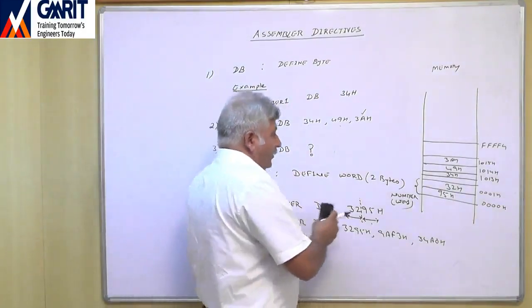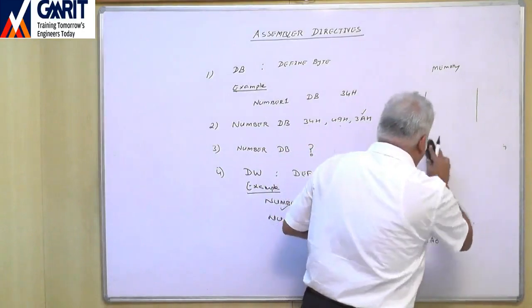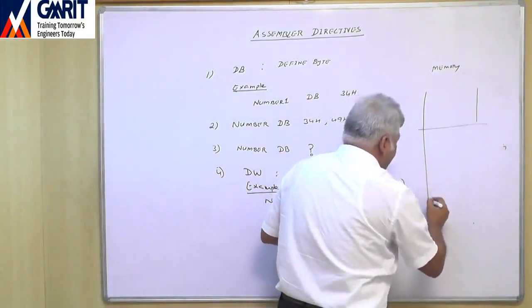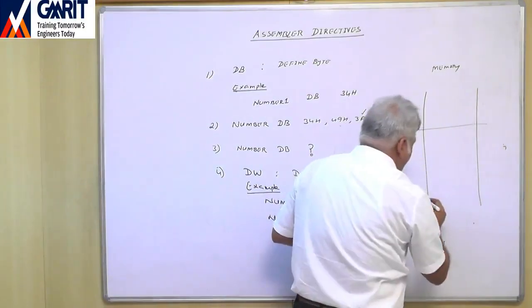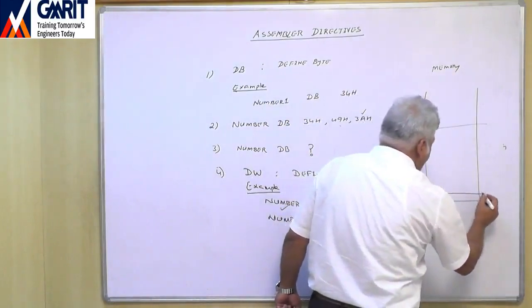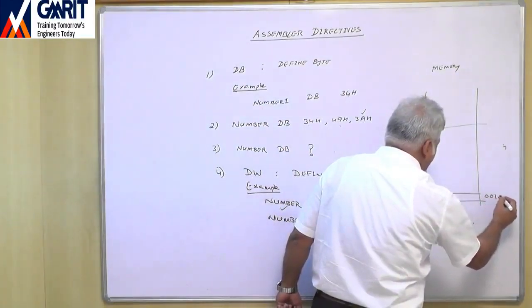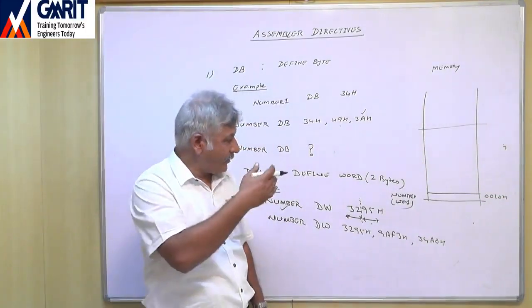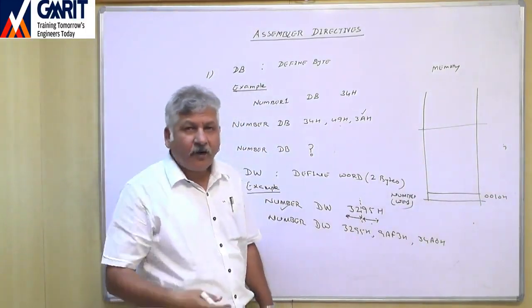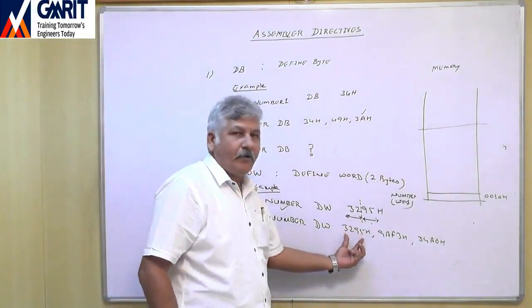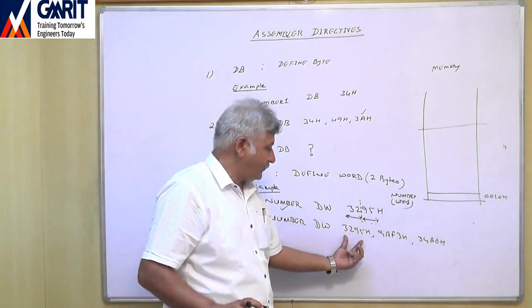So suppose our assembler has decided that to store these three words, the first offset address will be 0010H. From here it will reserve the memory location. So how many memory locations are required? For the first word we require two memory locations.